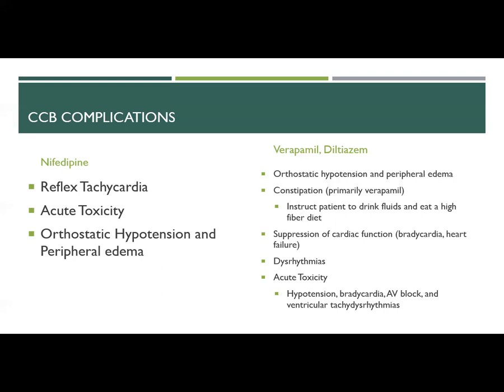Some of the other complications are suppression of the cardiac function. So they can have things like bradycardia or heart failure. Dysrhythmias, acute toxicity can cause things like hypotension, bradycardia, AV block, and ventricular tachydysrhythmias.